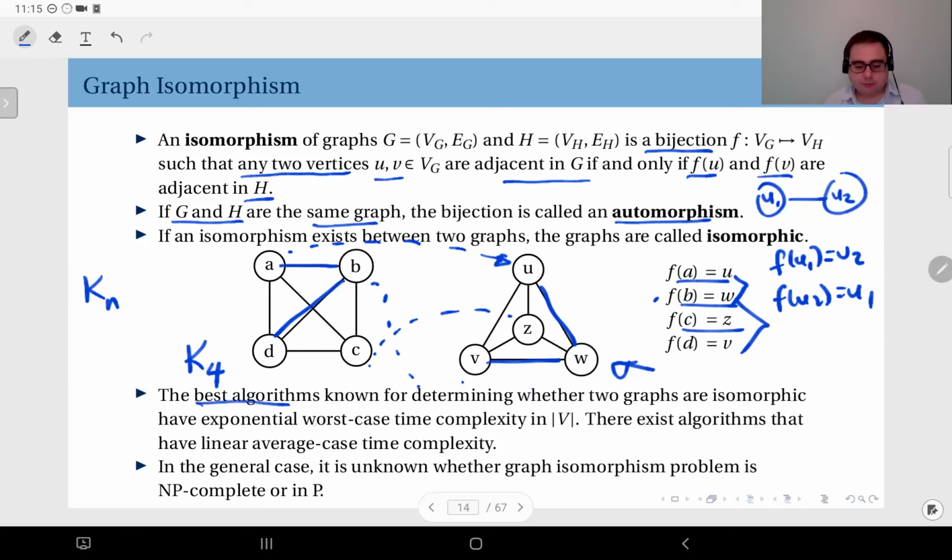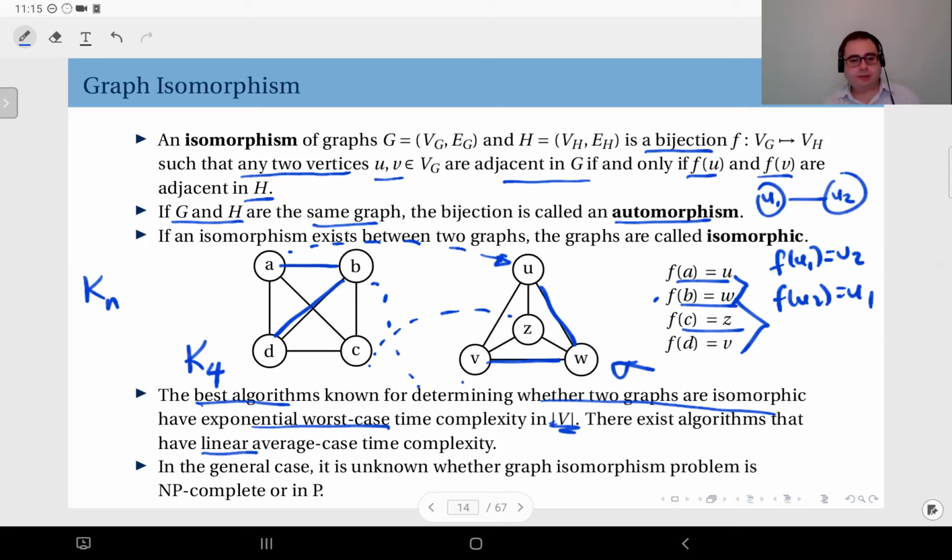The best algorithms known for determining whether two graphs are isomorphic have exponential worst case complexity in the number of vertices. But when you look at the average case, we have a number of algorithms that have linear complexity. So that's good news.